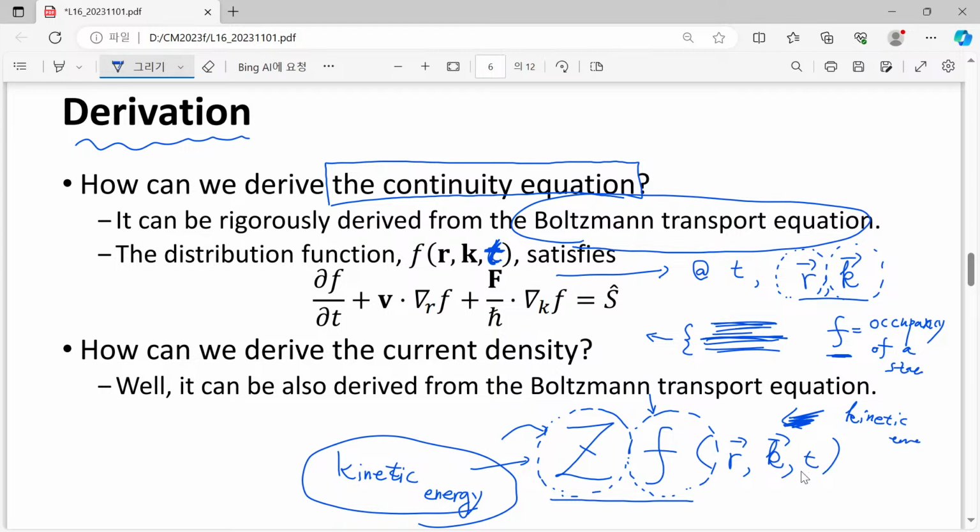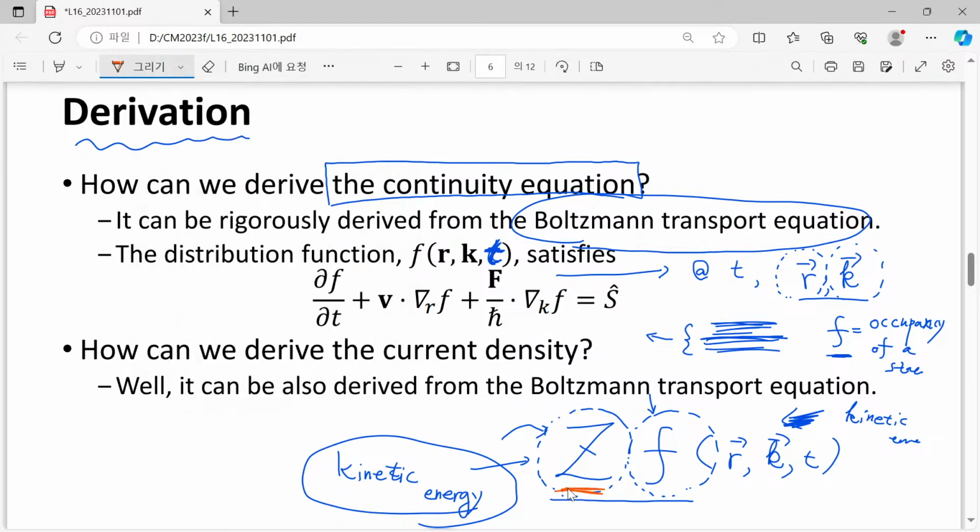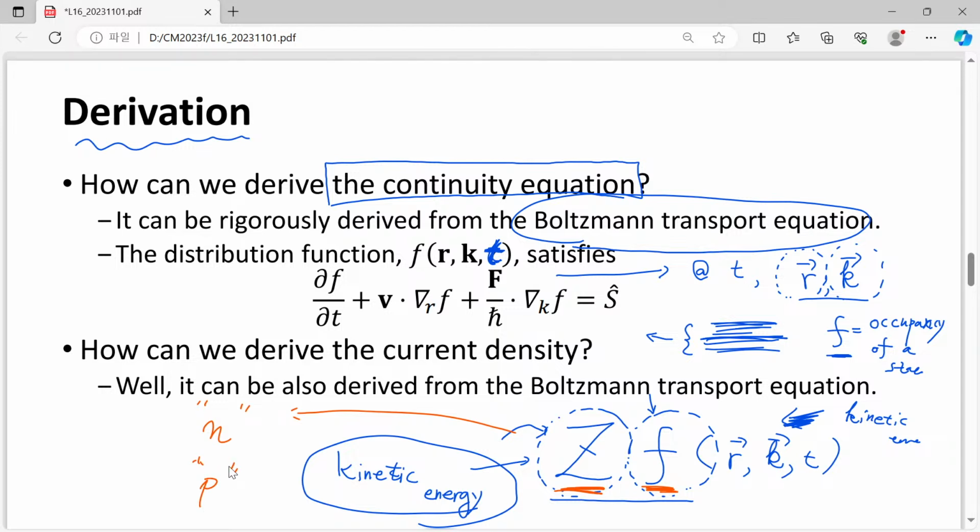We can find a one-to-one relationship between our momentum k and kinetic energy. Therefore, when we consider these two quantities, this is relatively easier to consider, and this quantity is more difficult. But once we know the distribution function, then from this product we can calculate the electron density or hole density rigorously. Okay, do you understand this motivation?